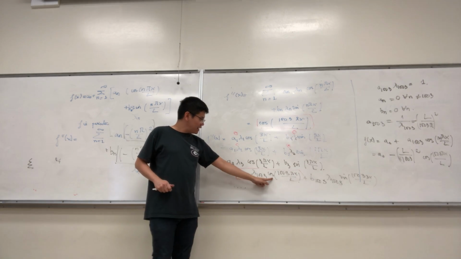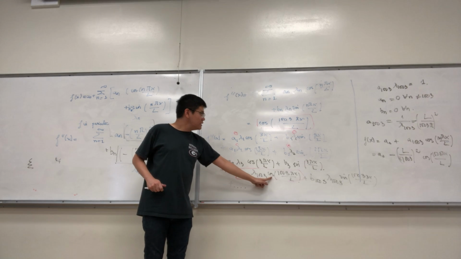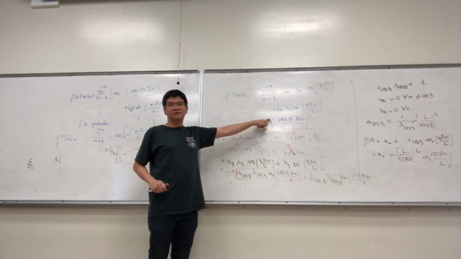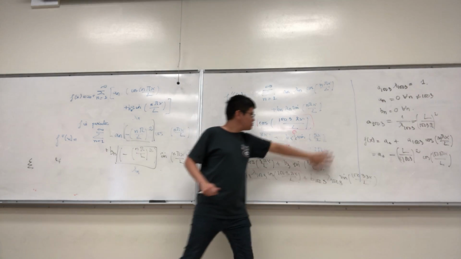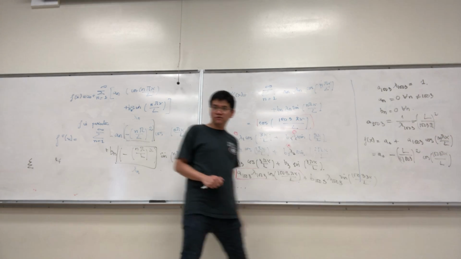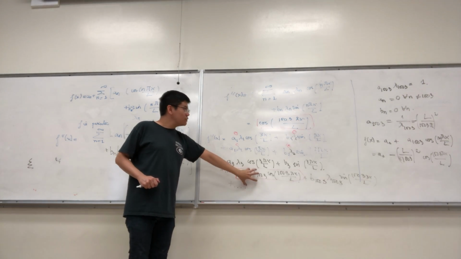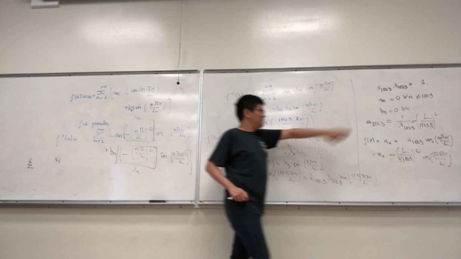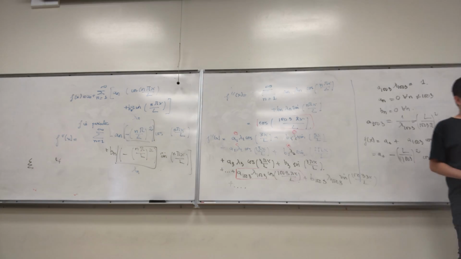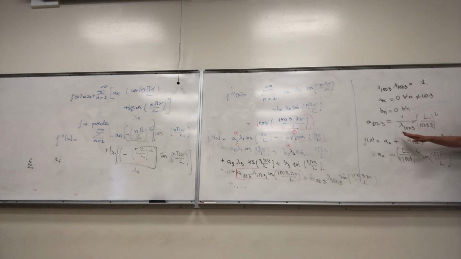You see that there is one term that has the same form as this one, and the other terms you don't see here. Which means that this coefficient has to be 1, and everyone else has to be 0. So finally, an is 0 for n different from 1003, and bn is 0 for all n.